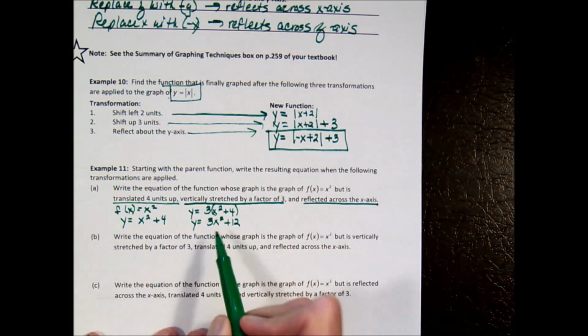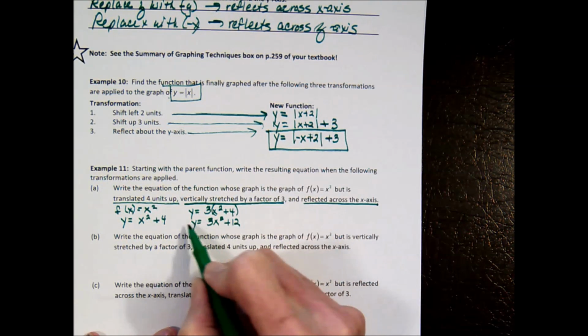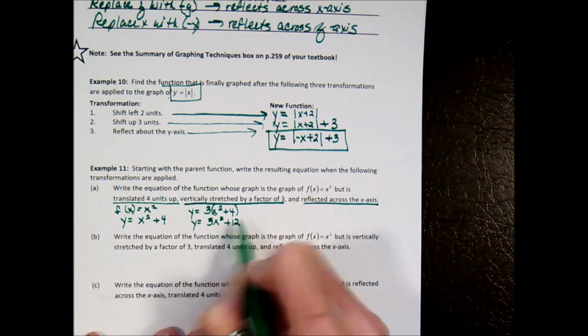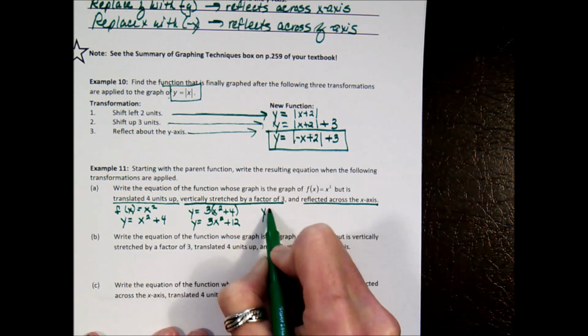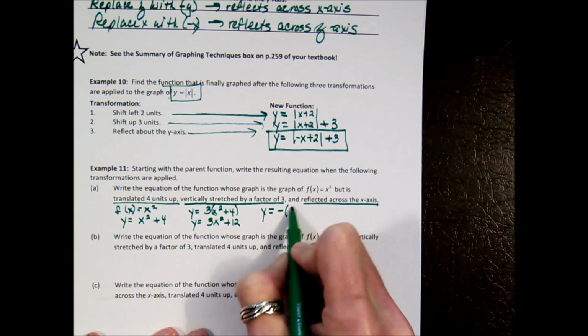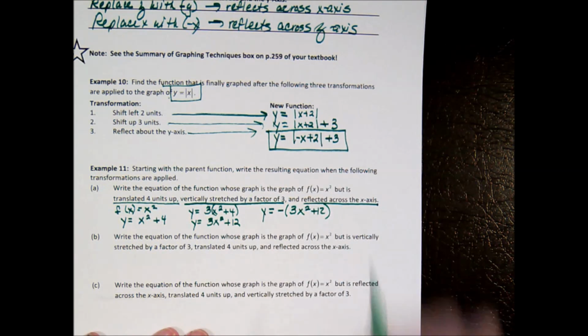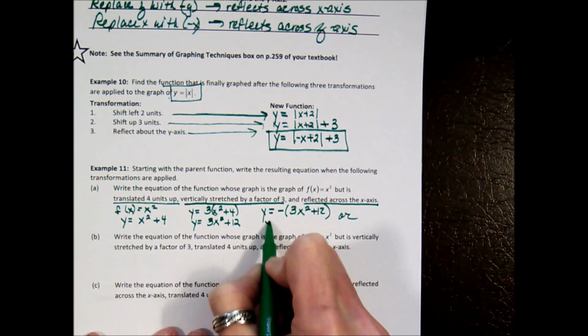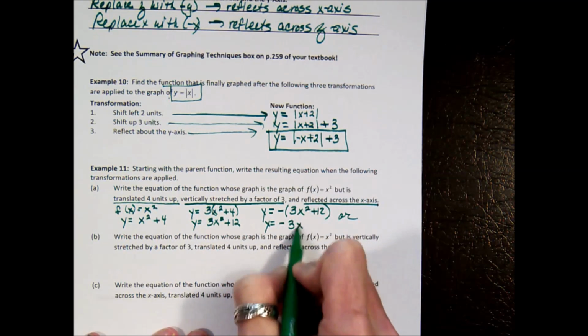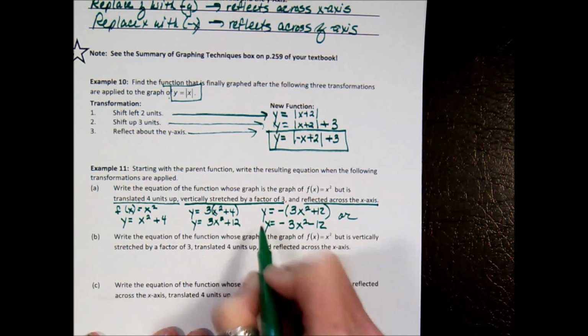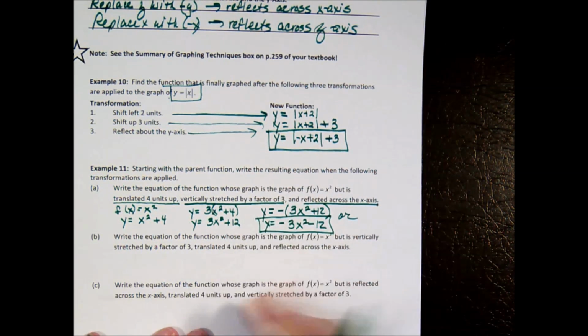So it's y equals negative in front of the whole thing. You can leave it like that, or you can distribute that, negative 3x squared minus 12. There is my final function for doing the 3 transformations in that order.